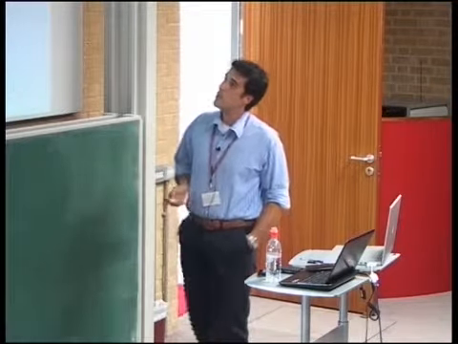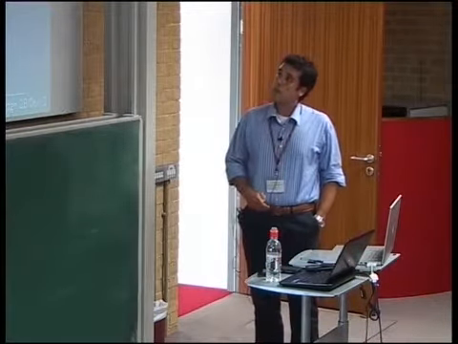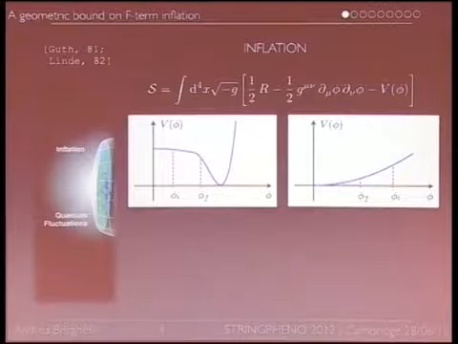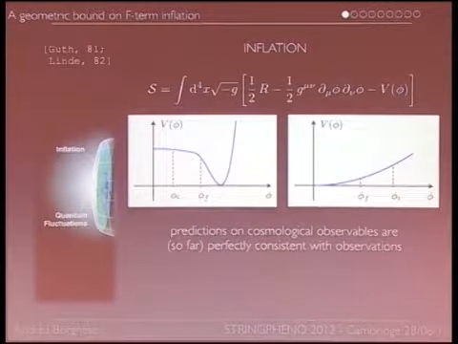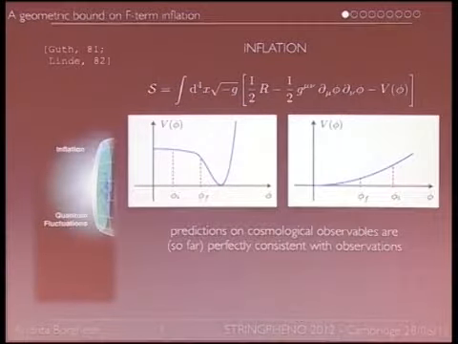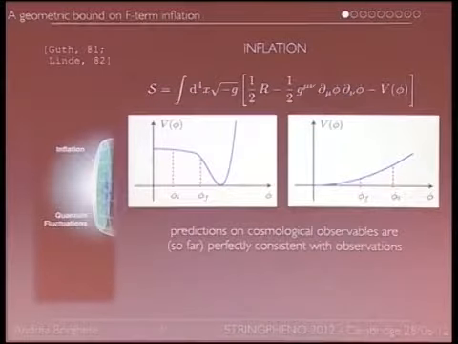So this is the easiest model one could cook up to describe inflation. The two graphs are just two realizations of this inflation. If one tunes the scalar potential appearing in this Lagrangian, essentially he can get predictions which are so far perfectly consistent with the observations.